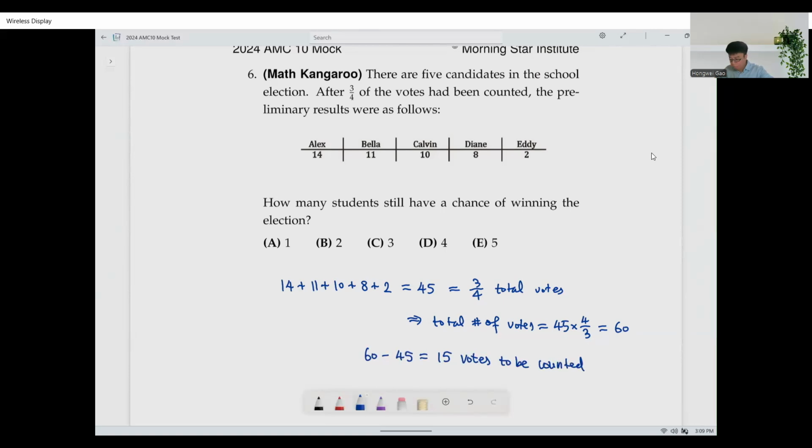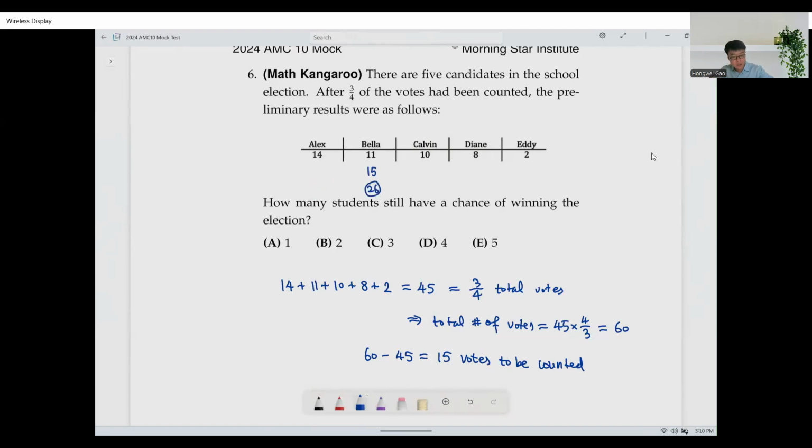Well, these 15 votes can go to any of these candidates. If all 15 votes go to Alex, Alex will have 14 plus 15, which is 29. That's the highest number of votes. So Alex can win. If all these 15 votes go to Bella, Bella will have at most 26 votes.